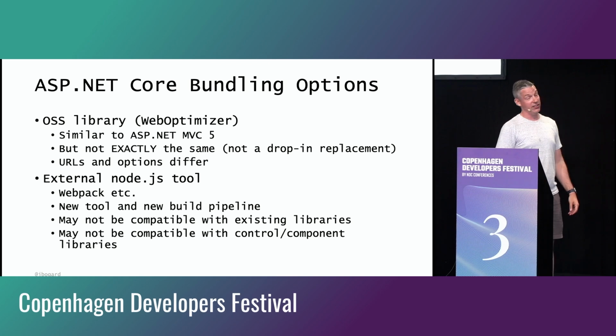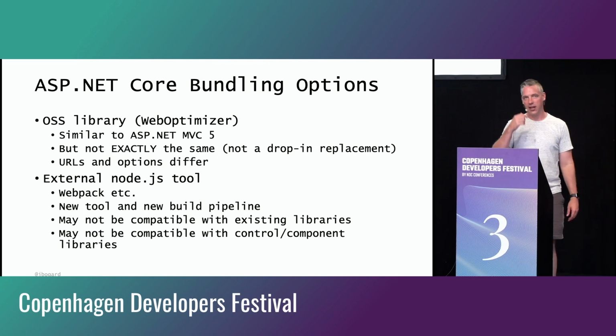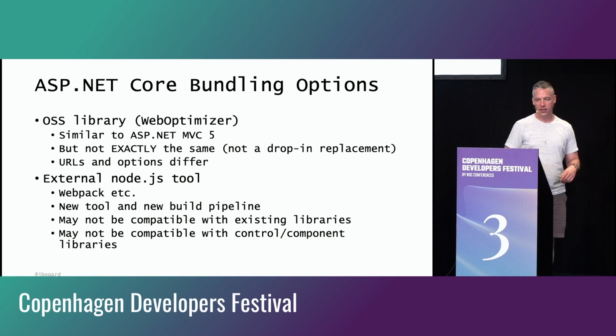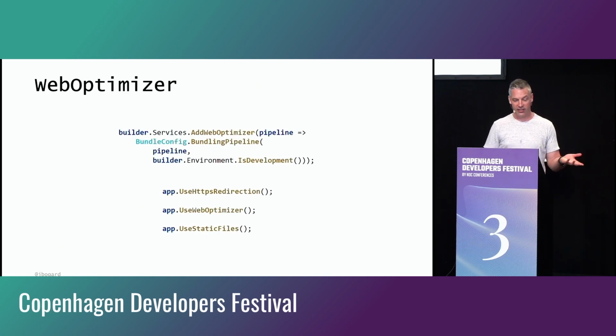That would require a pretty big re-architecting of our front-end assets. The existing front-end assets were not designed for external Node-style bundling and minification. It would also require additional dev tools locally and additional build tools on our server. That would be a much bigger lift for us than if we could target the Web Optimizer stuff. So that one actually looks fairly similar.